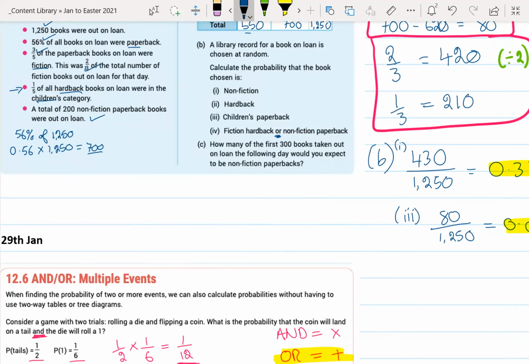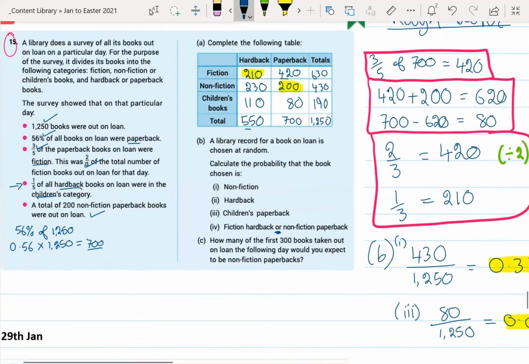How many of the first 300 books taken out on loan the following day would you expect to be non-fiction paperbacks? Non-fiction paperbacks.